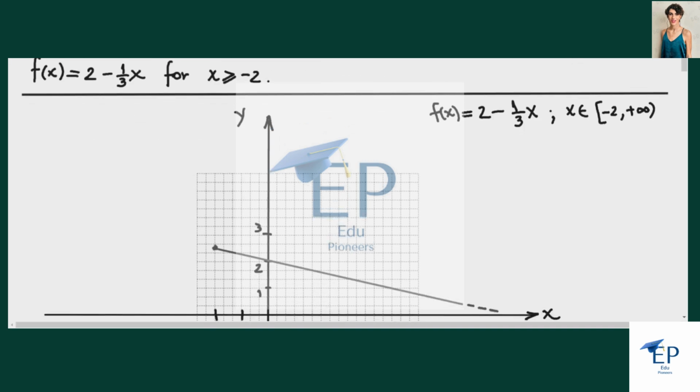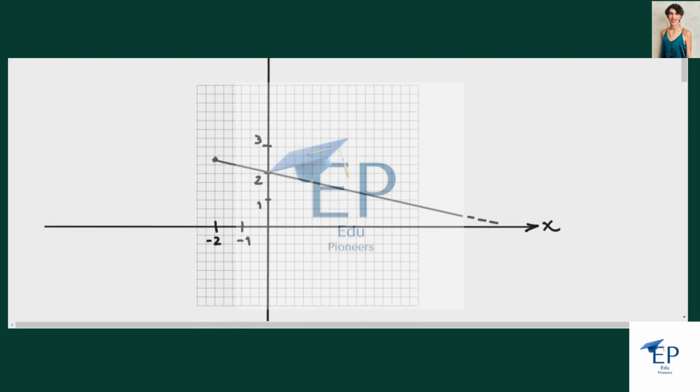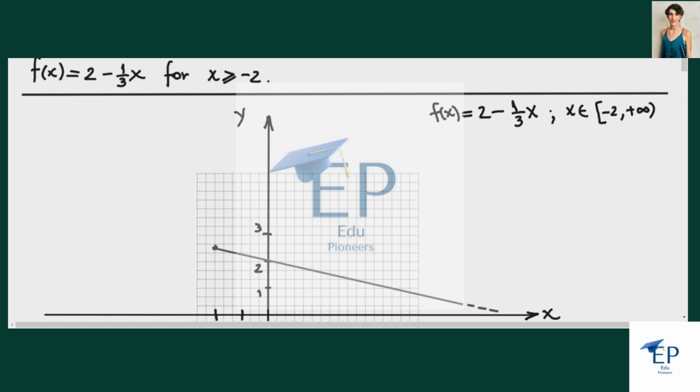So we have 2 minus 1/3 times x for x in the interval from -2 to the right, that is up to plus infinity, closed at -2. And we know this is a line that is determined completely by 2 points.